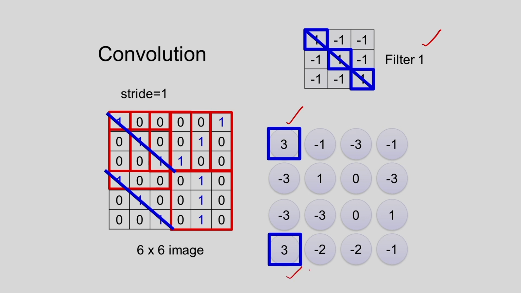Here also you can see the response 3 corresponding to the diagonal lines present in the image. So by using filter 1, I can extract the information of the diagonal lines present in an image, and after convolution I will be getting the feature map, which will be something like this.